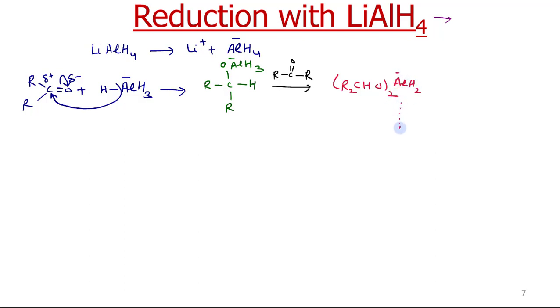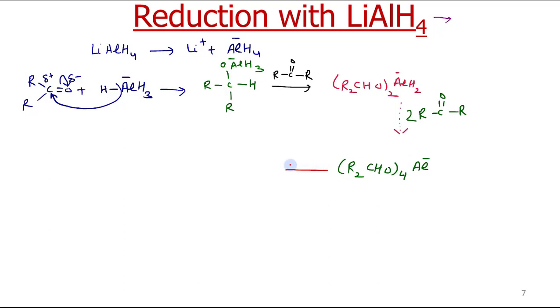It will go on reacting with these carbonyl compounds; I will directly write that it can react with two more carbonyl molecules and the product will be (R2CHO)4Al negative.